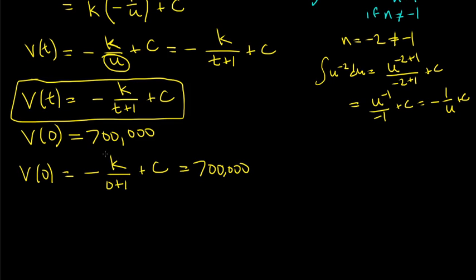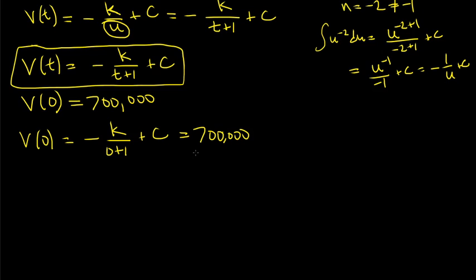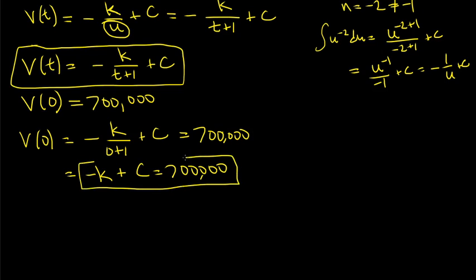Now, this is why we needed the t plus 1. We're not dividing by 0, we're dividing by 1. So this is just negative k plus c equals 700,000. Now, that's a problem because that doesn't tell us what c is, and it doesn't tell us what k is. So this alone is not enough information to find either c or k.